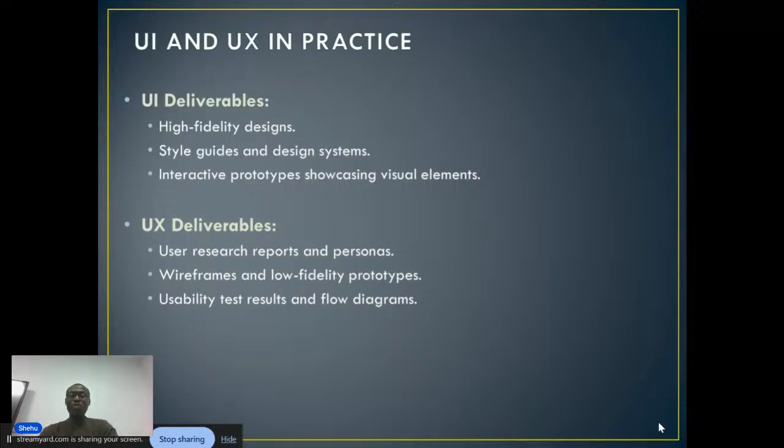Another deliverable is wireframes and low fidelity prototypes, right? And then the next is usability testing results and flow diagrams. So basically, what the deliverable means is the outcome at every point in time in the process.